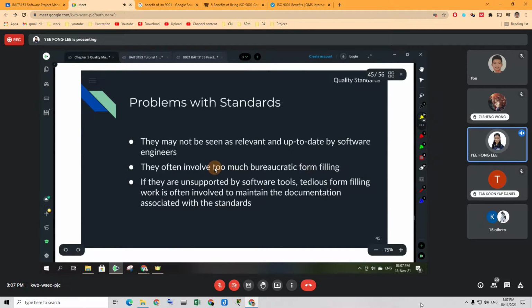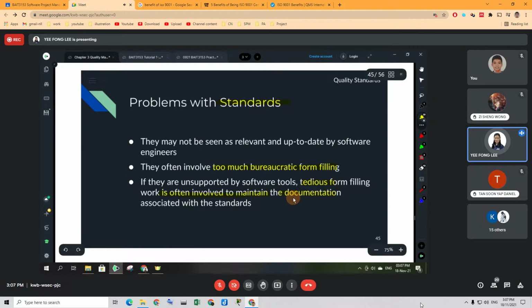If you want to change a standard, it involves a lot of documentation, filing, meetings, changes, and many tasks are tedious work. All this is involved when doing maintenance.